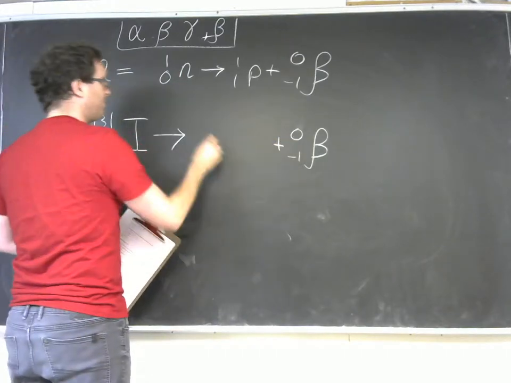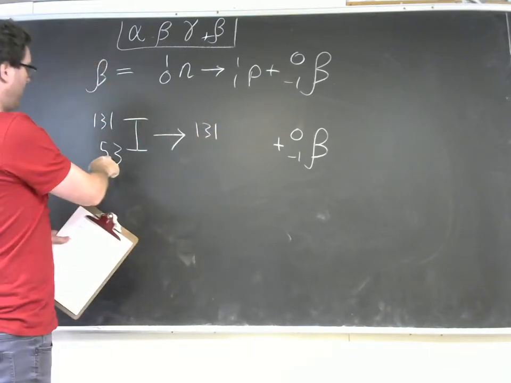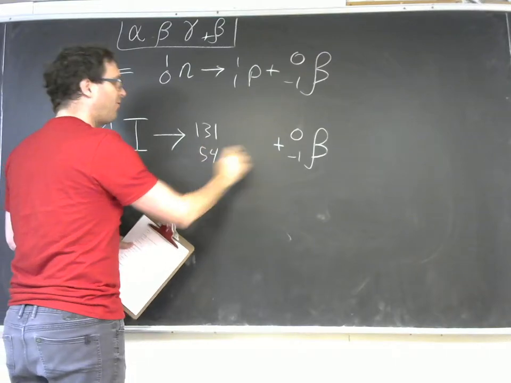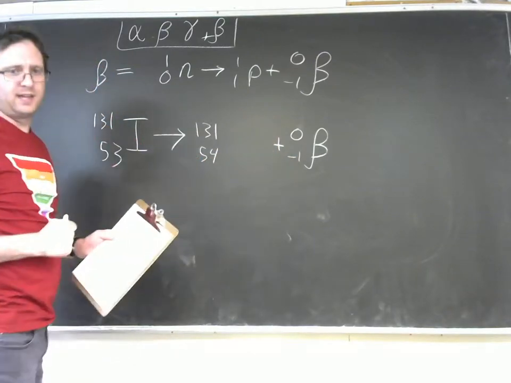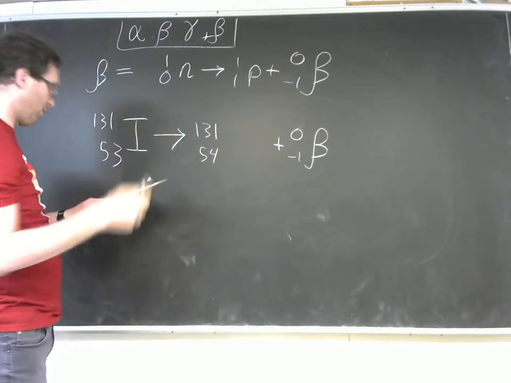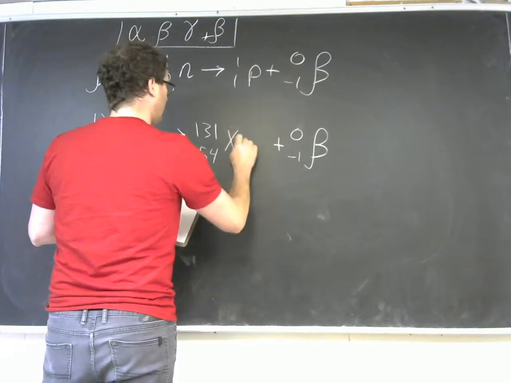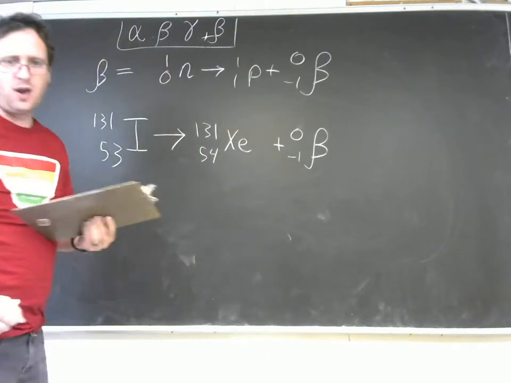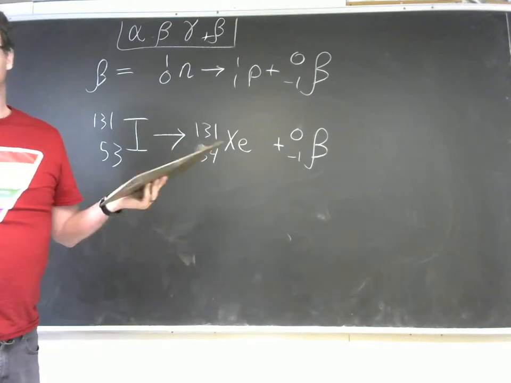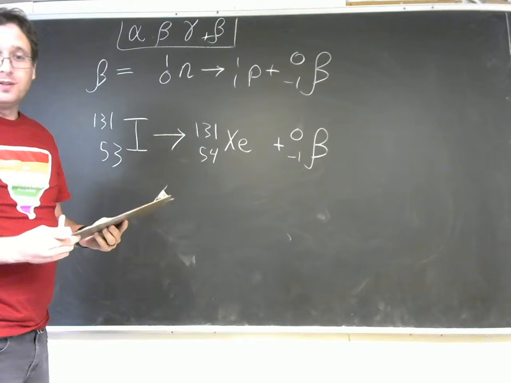The beta particle is 0, so we'll end at 131. And then the 53 is going to equal 54 plus the negative 1. You gain a proton, right? So this number will increment by 1, and that is xenon. Xenon is the daughter nucleotide or the beta decay product for iodine-131 decaying.